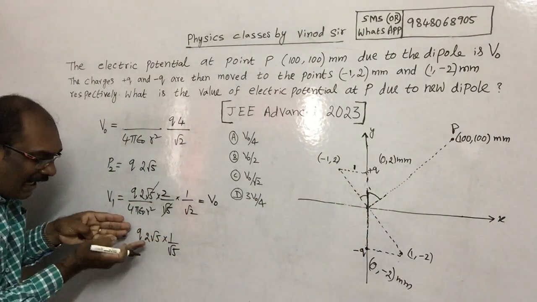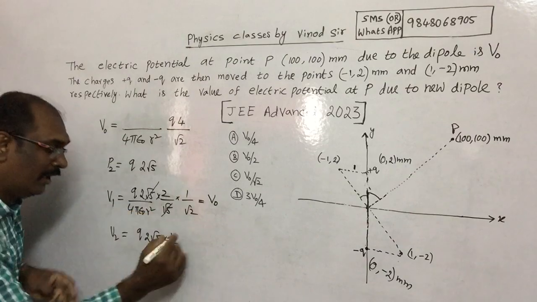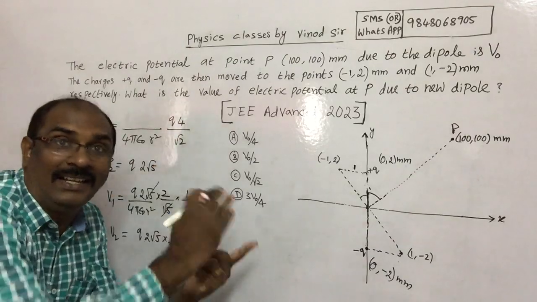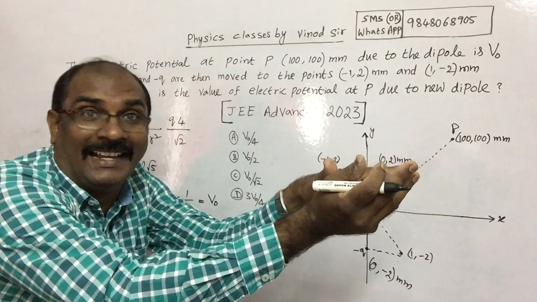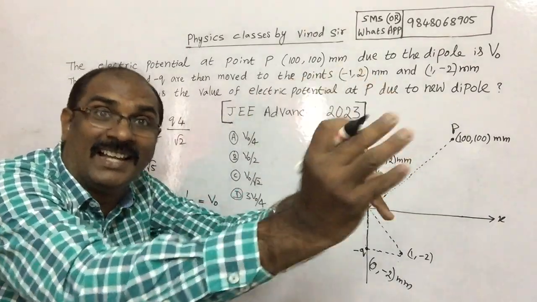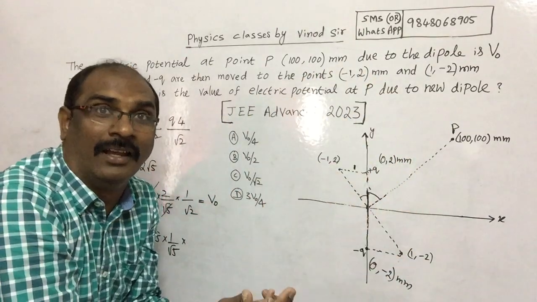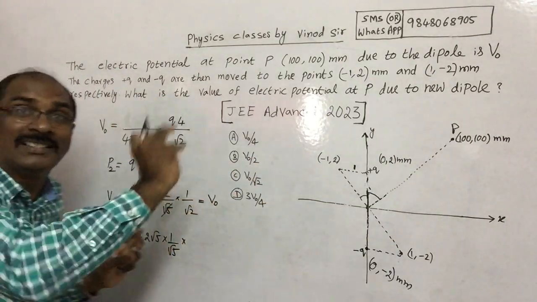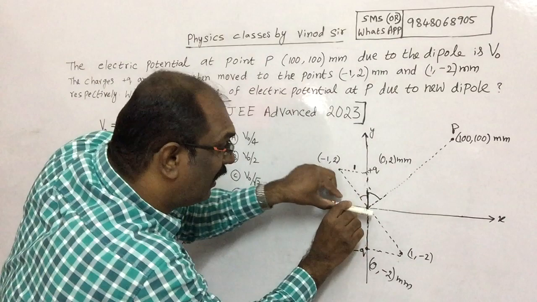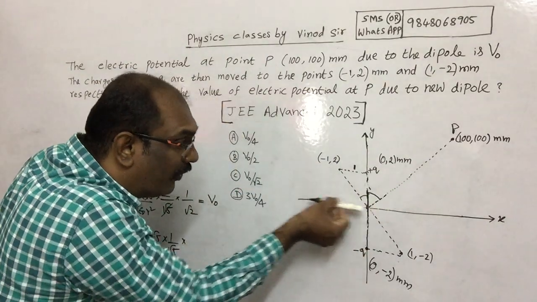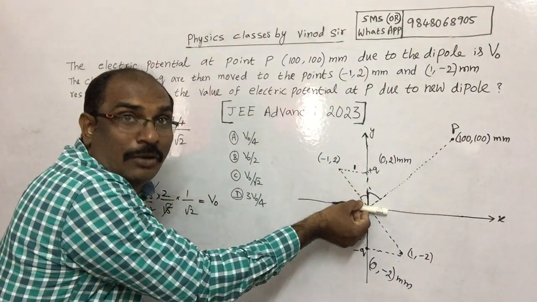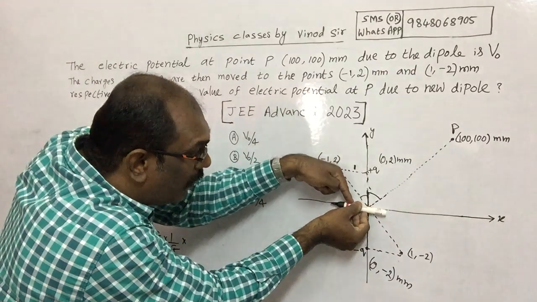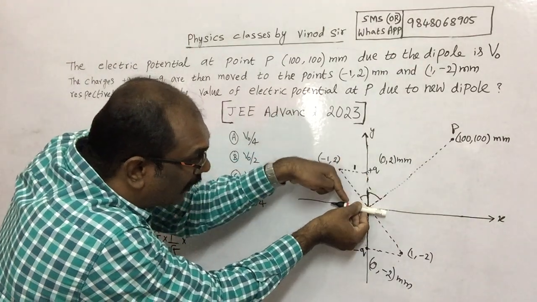So this is the dipole moment component multiplied with cos theta. We have to write the angle. According to the formula, P cos theta by 4 pi epsilon naught r square is the formula. So instead of that P, we had written this one. Cos theta means, here is the component, this is the direction of the component, the new dipole component. From here, we have to take the angle, no? From here to here.